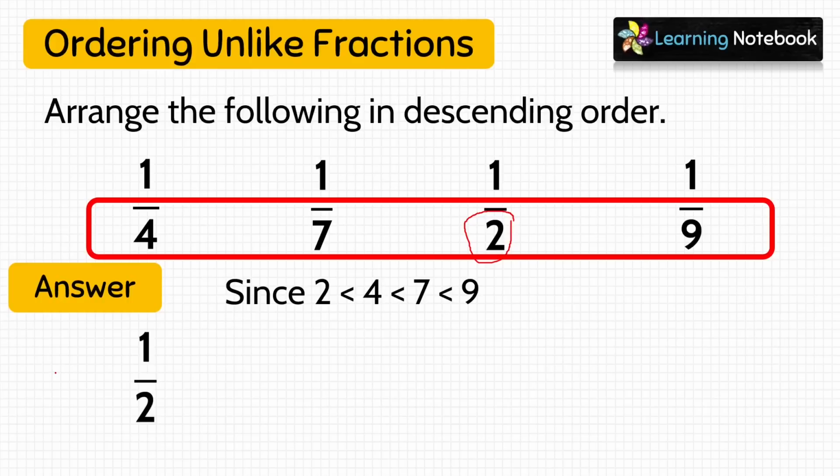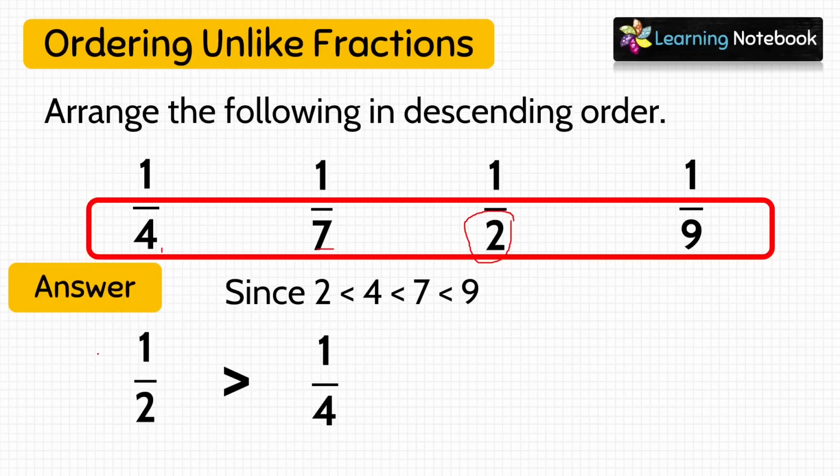Next, denominator 4 is greater than 2. So, it means fraction 1 by 4 is less than 1 by 2. Then, denominator 7. It is greater than 4.